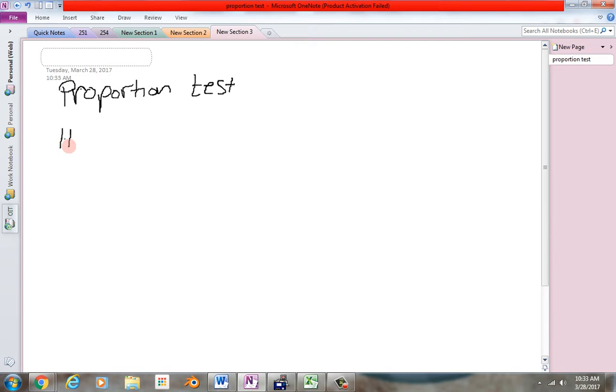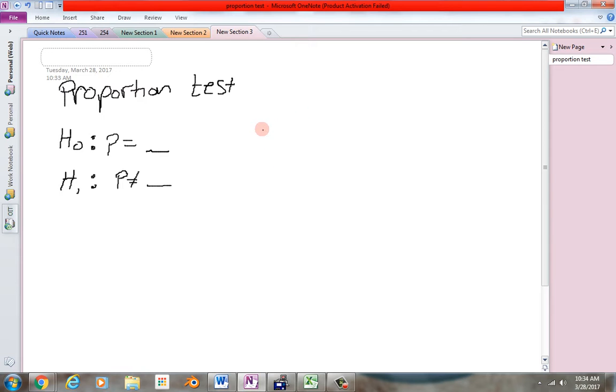Well, here what we're going to say is this. Under H naught, we're going to say that the proportion is equal to something, whatever it is. Or it could be greater than or equal to or less than or equal to. And of course, the alternative to that is, well, it's not. Okay? That's great. We can do two tests and two tails and one tail and all that good stuff.